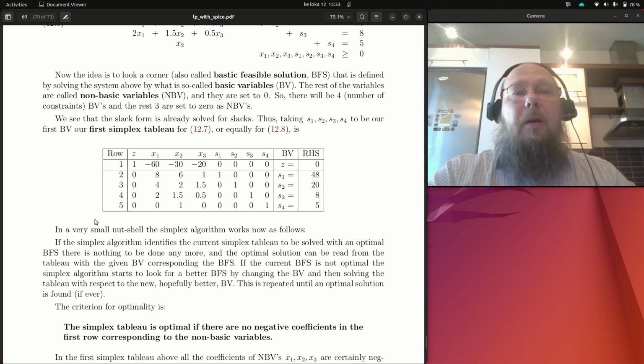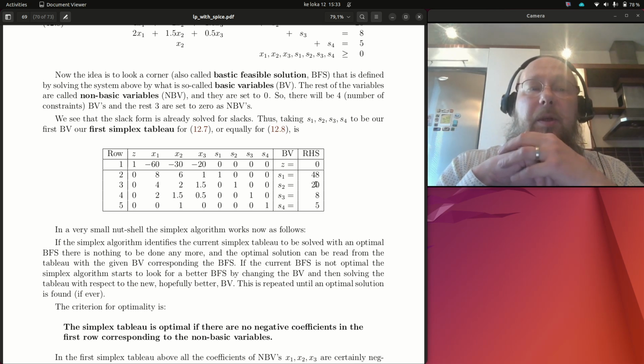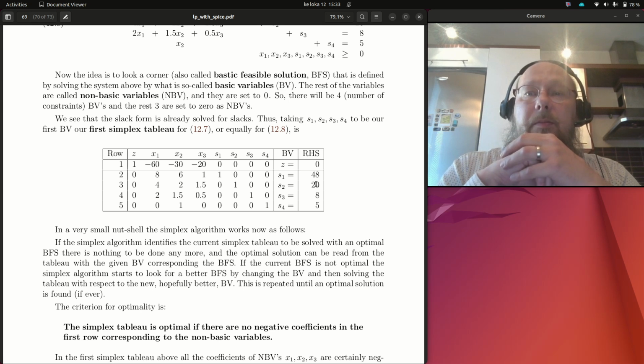So I will change these here and then I will change these too. If that is optimal, good, I can go home. If not, I change again and I change again and I change again. So this is repeated until the optimal solution is found, if ever.